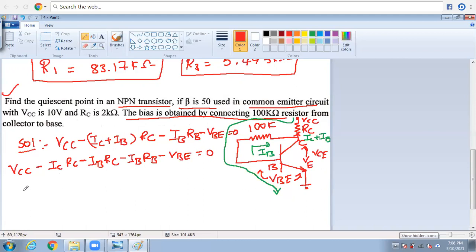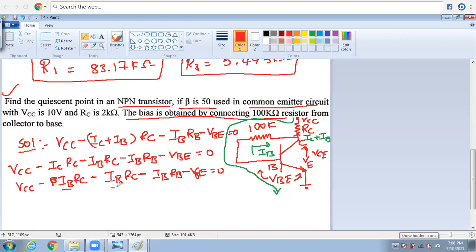This IC I can interchange with beta IB. So VCC minus, one second, beta into IB into RC minus IB into RC minus IB into RB minus VBE equal to 0.